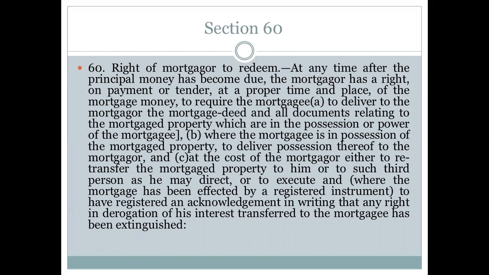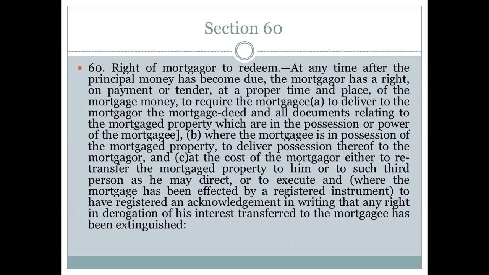And in case the transaction is registered by virtue of a registered instrument, the right in the property has to be extinguished by virtue of a registered instrument. This is what Section 60 says.